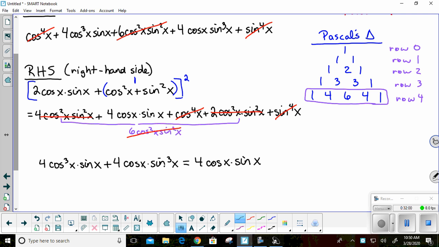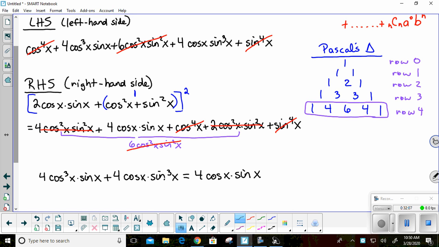Again, these first 2 terms were what was left on the left-hand side. Let me scroll back up a little bit. And the last term here on the right of the equation is all that was left from the right-hand side.